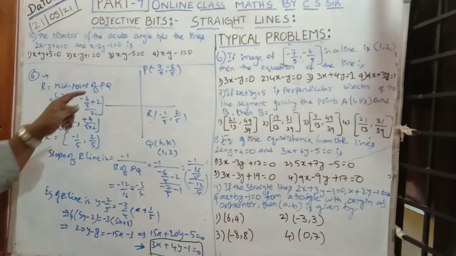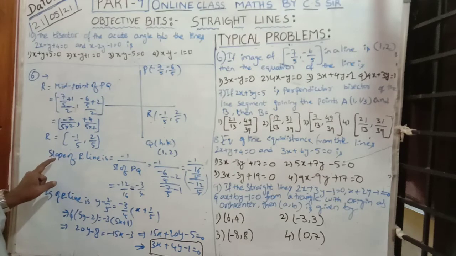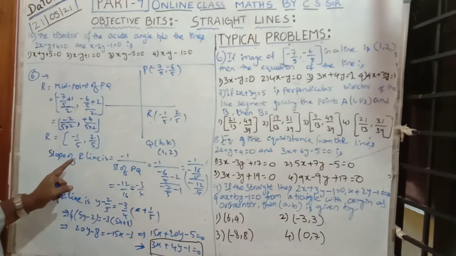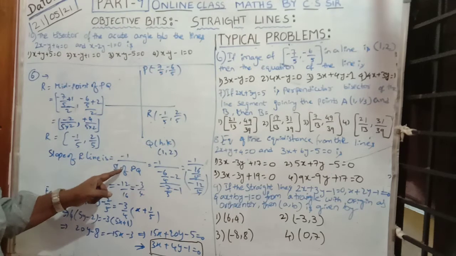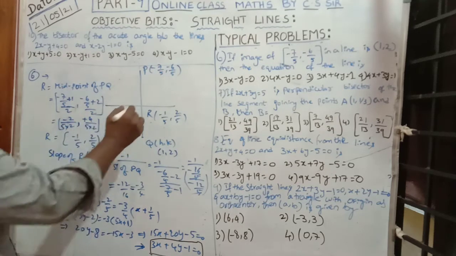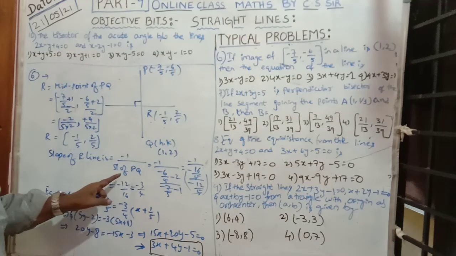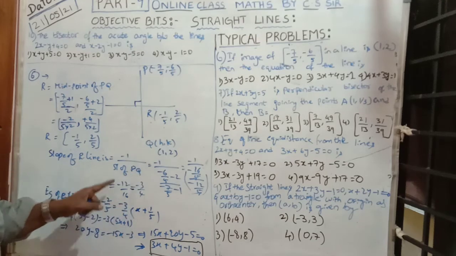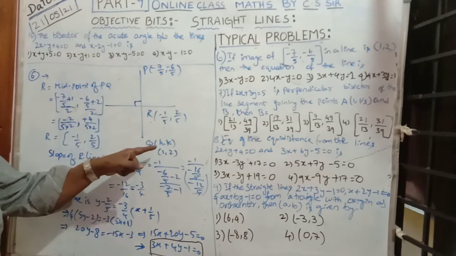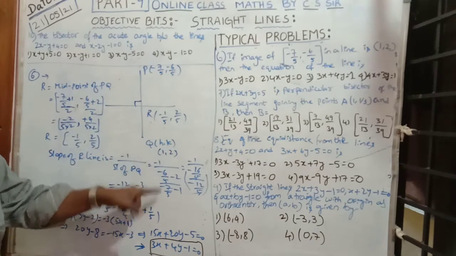The slope of the required line. We need the slope of the required line because the required line is passing through the point R. Point-slope form, we need the slope. The slope of the required line is minus 1 by the slope of the perpendicular line PQ. So PQ slope means difference of y coordinates by difference of x coordinates.